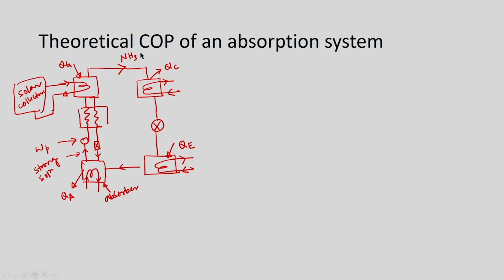So, ammonia vapor will be here, which is at higher pressure, and this is condenser, already known to us. And here cooling water will be circulated to condense the vapor, and then this is expansion valve, where pressure will be reduced from say 10 atmosphere to very low pressure.